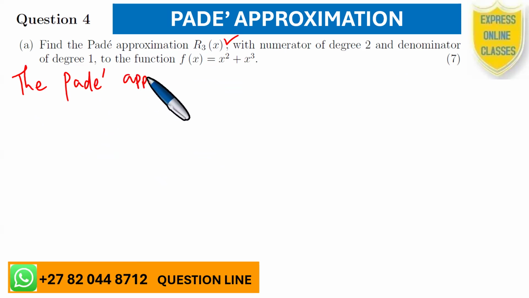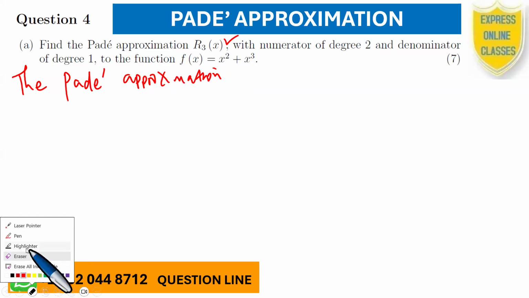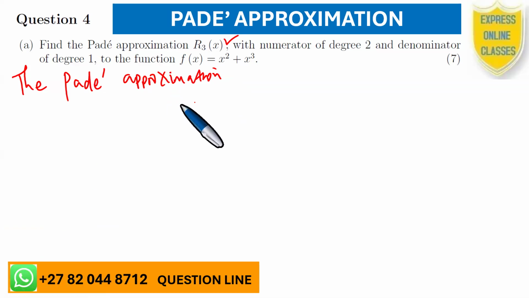Pade approximation is, right, so now with the numerator of degree 2, denominator degree 1.